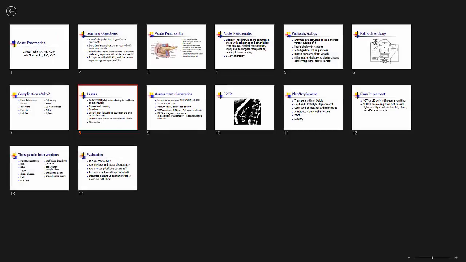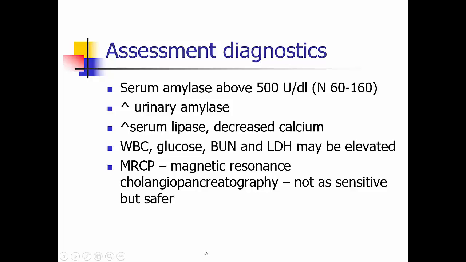So, how do we diagnose this? The first thing we look at is the amylase levels. An increased serum amylase results from both enhanced release of it into the blood and decreased renal clearance.